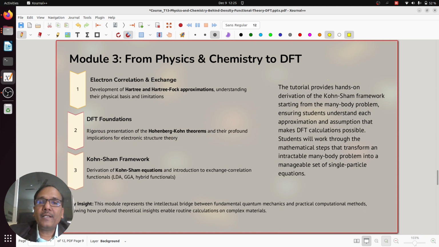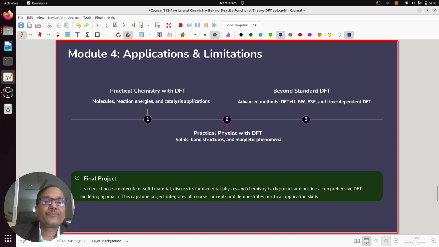Module 3 is focused on going from physics to chemistry to DFT. This is the development of the ideas leading to DFT: exchange correlation, DFT foundations, and the quantum framework. I am going to go into detail on these things.